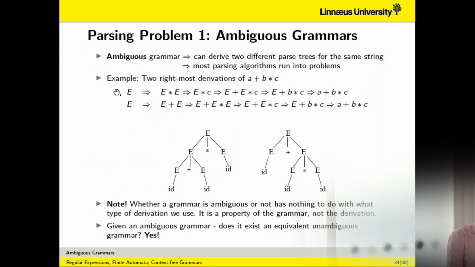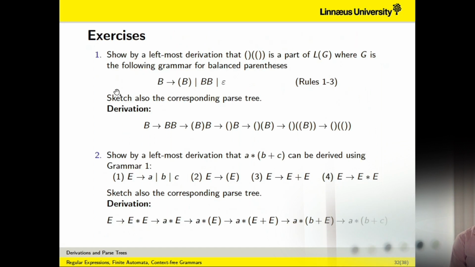So, for example, here we have defined the grammar rules: E goes to A, B, C, E plus E, and E multiplied by E. But the problem with this grammar is that it leads to different parse trees, which means that this is an ambiguous grammar.